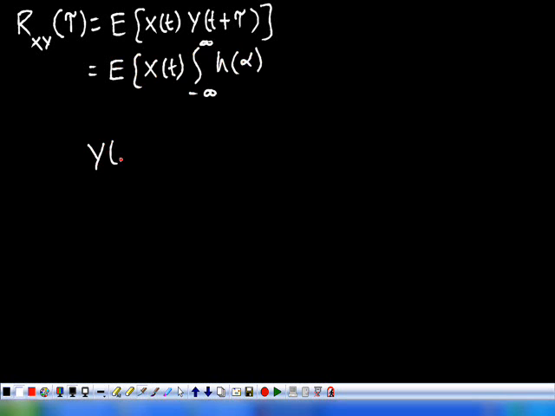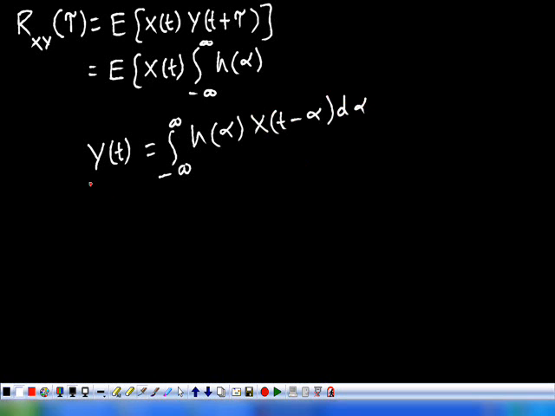See, y of t is equivalent to the integral from minus infinity to plus infinity of h of alpha x of t minus alpha.